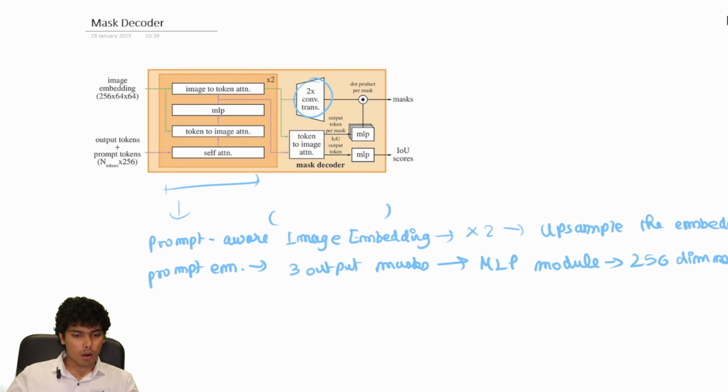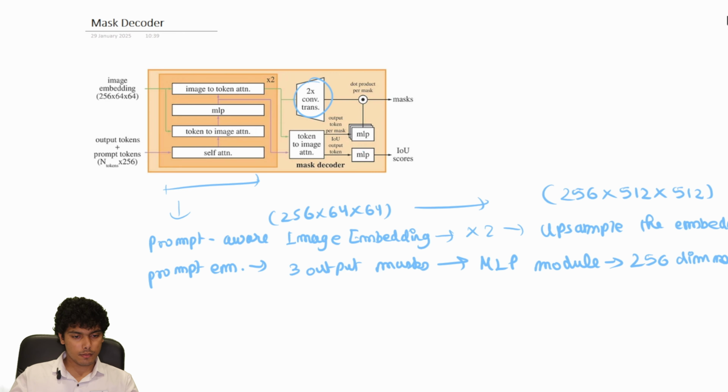Here, the dimensions of the prompt embeddings is 256 features x 64 x 64, which goes through upsampling. So the final dimensions would be 256 times 512 times 512.